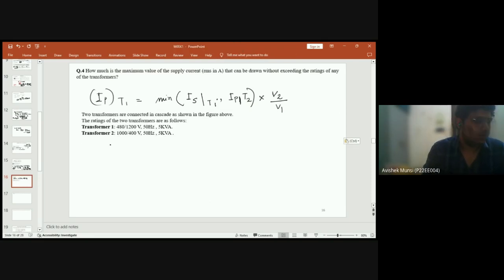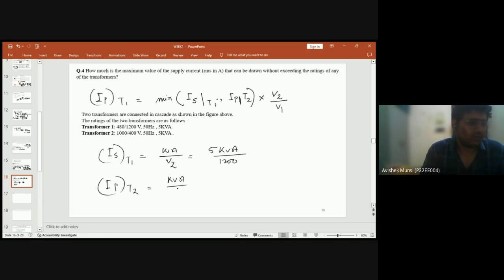So what will be the secondary current of transformer 1? That is kVA by V2, that is 5 kVA by 1200, and IP of T2 is kVA by V3, that is also 5 kVA by 1000.